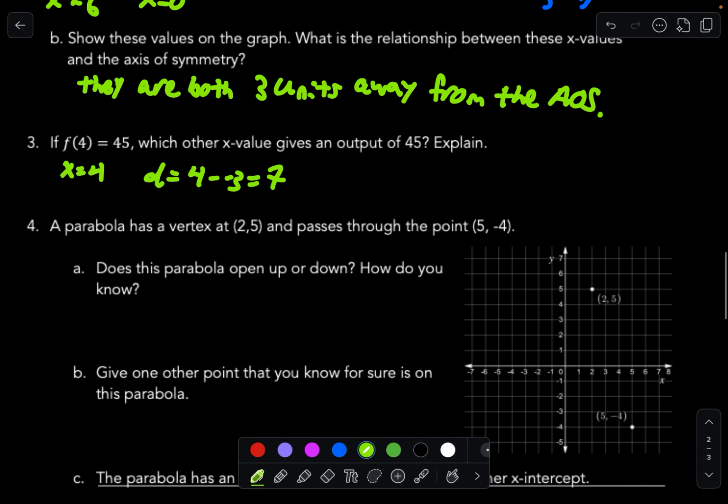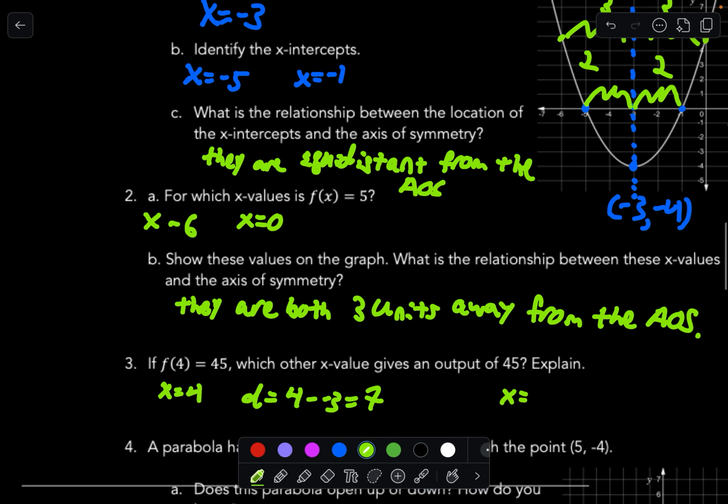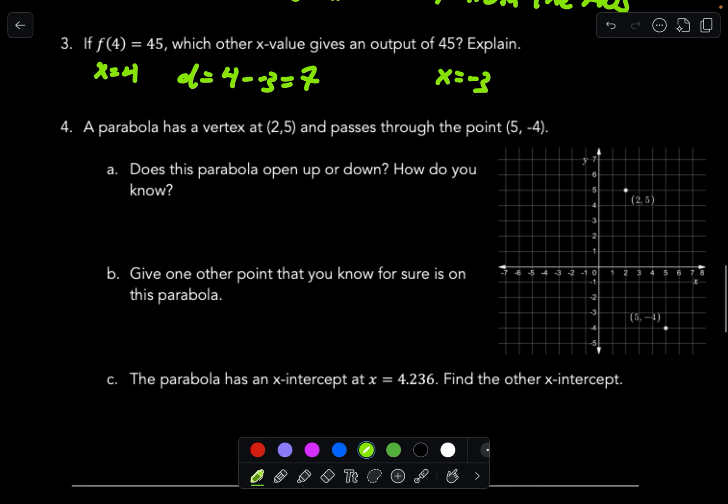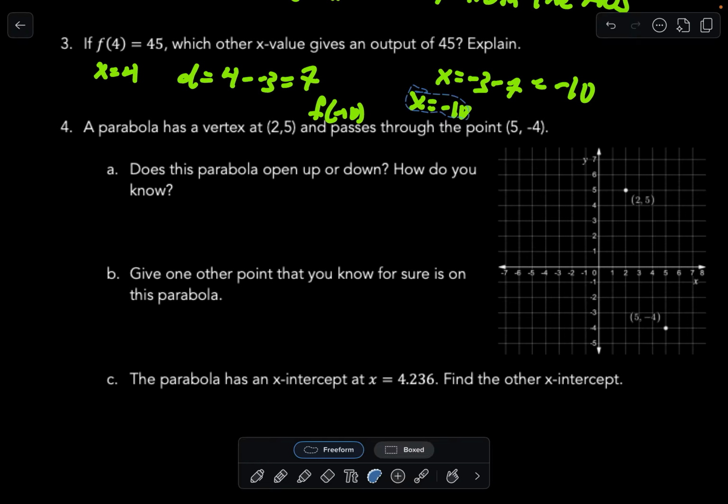So if the distance is 7 and our axis of symmetry is x equals -3, we subtract 7 from it. It's going to be at -10. That is, when x equals -10, f of -10 would equal 45 also. All right? Did that make sense?